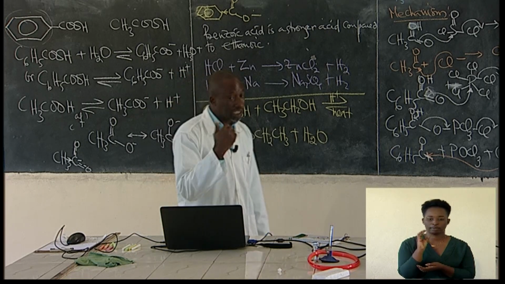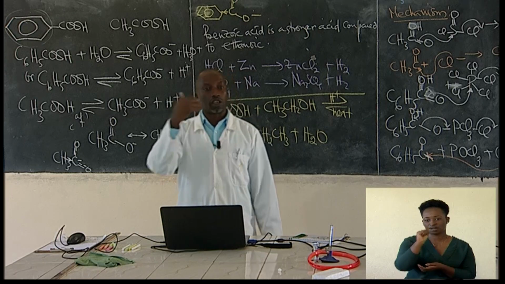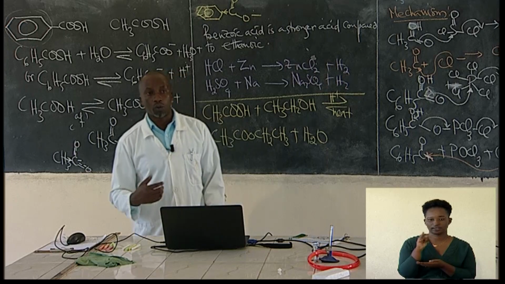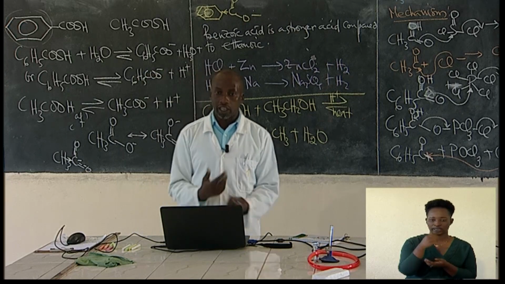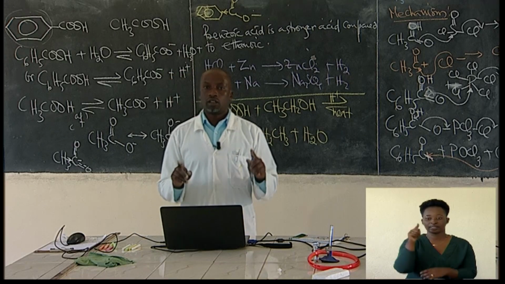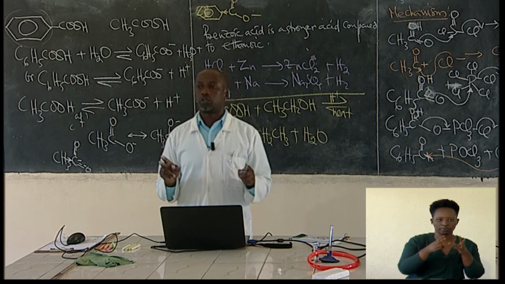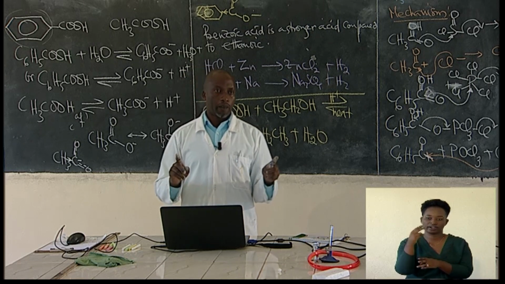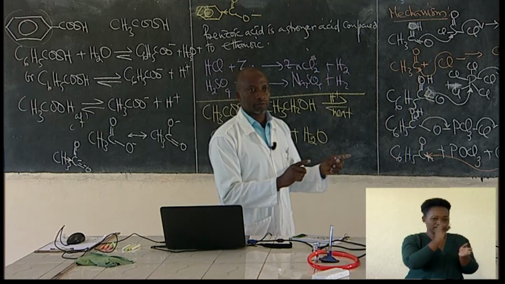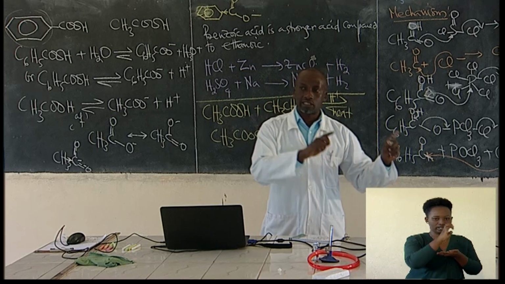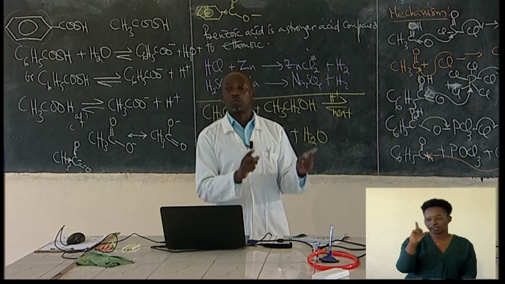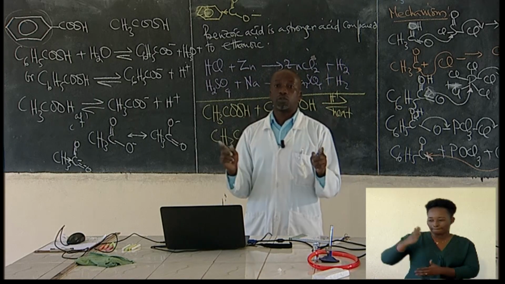If the reducing agent is weak, then the benzene ring is reduced to a cyclic alkane. So that is the difference between the reduction methods of these carboxylic acids. I repeat, in the presence of strong reducing agents, carboxylic acids which are aromatic behave in the same way as aliphatic carboxylic acids.